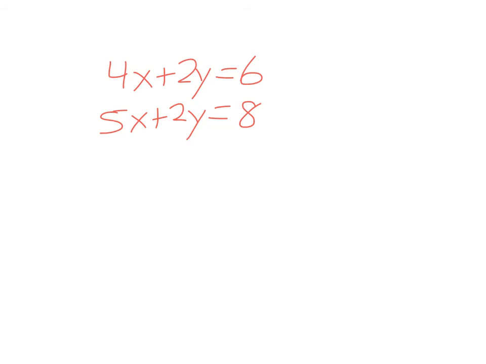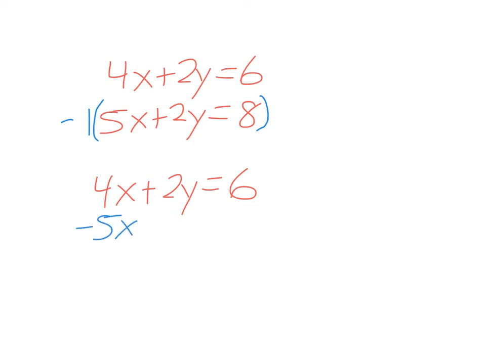But what I could do is manipulate one of the equations. So for example, I could multiply the second equation by -1. The first equation stays the same, 4x plus 2y equals 6. And when I multiply the second equation by -1, I get -5x minus 2y equals -8, because I multiply everything by -1.